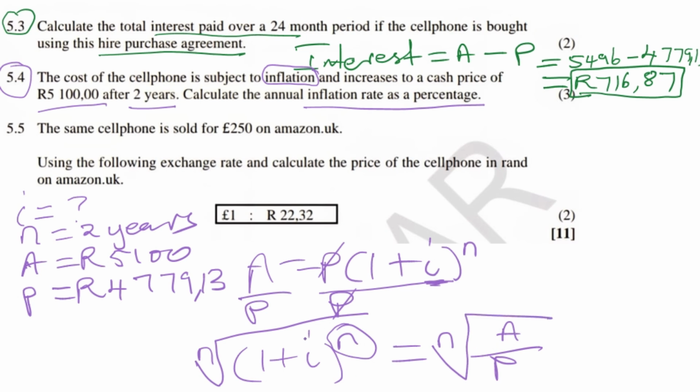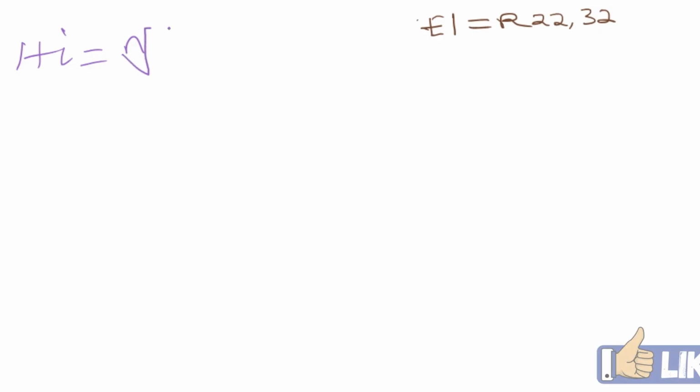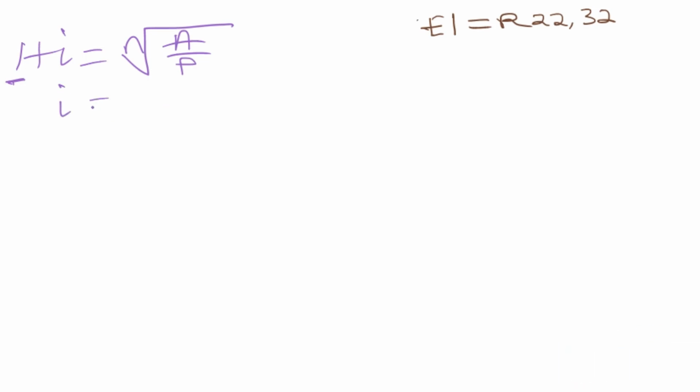Now this exponent will cancel with the nth root. We are left with 1 plus I is equal to the nth root of A over P. Now we need to take this 1 to the right hand side of the equation. So we will have I equals the nth root of A over P minus 1.